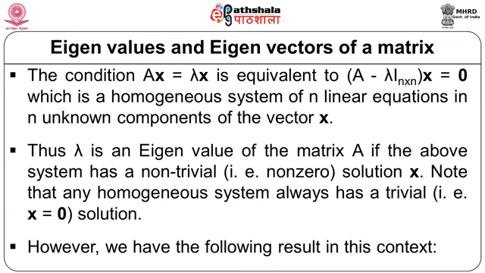This is a homogeneous system of n linear equations in the n unknown components of the vector x bar, and it is homogeneous because the right hand side vector is 0 bar.